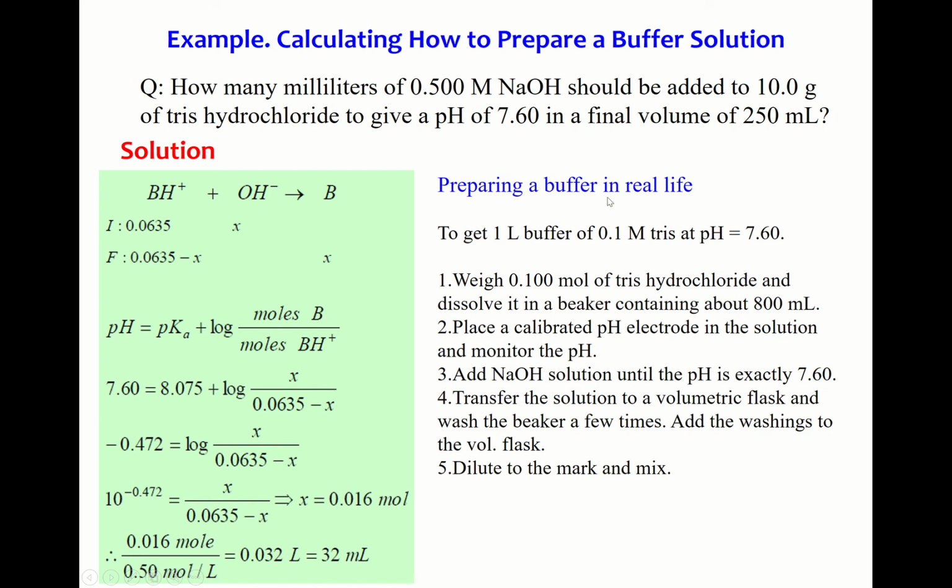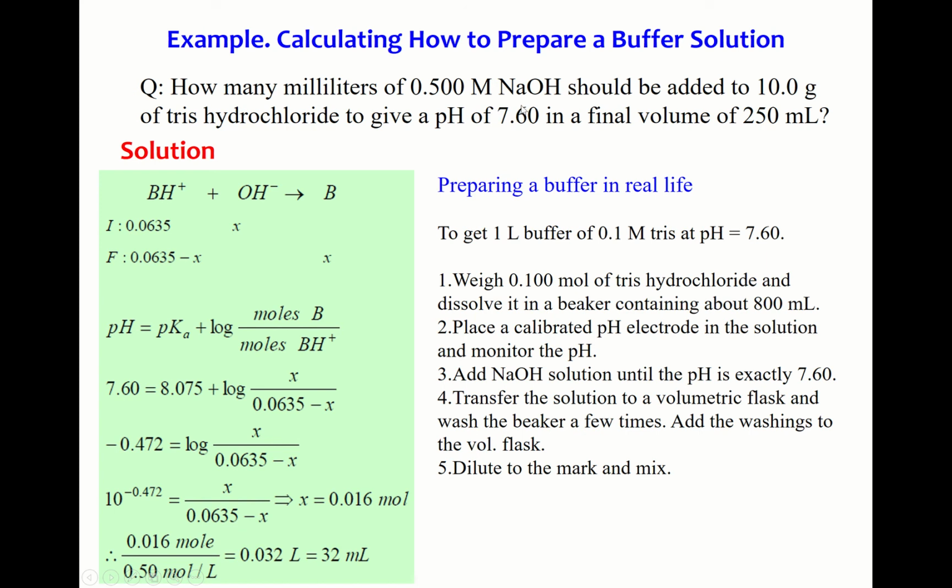Then you monitor the pH using a pH meter while you're adding, in this case, NaOH solution, and when the pH meter indicates a pH of 7.6, you stop adding the NaOH solution. That's how it works.